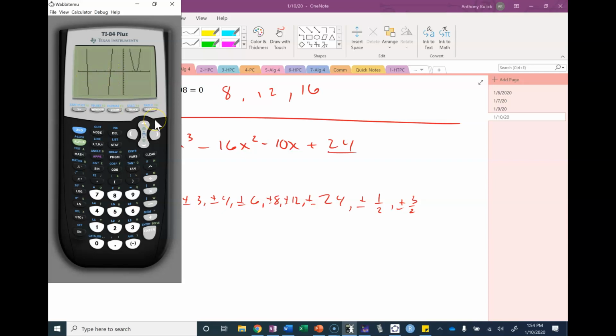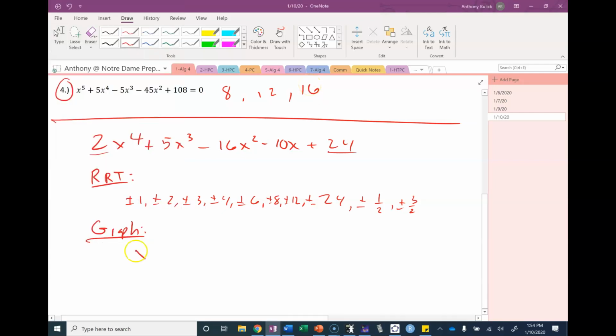So that's probably -4. This is probably -1.5. And if I do the positive side, that's +1, +2. That's probably +1.5. Is everybody okay with that idea? So far, so good? Okay.